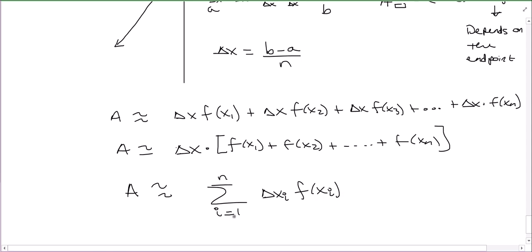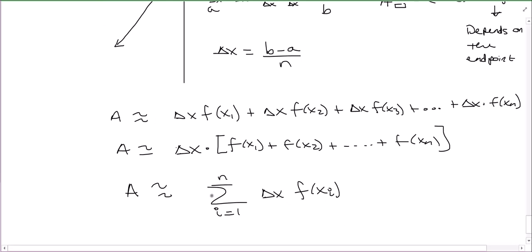So this is our counter, right? So if we start with i equals 1, then you'll have delta x. So all of these, I guess I don't need the sub i over here because they're all delta x. Sometimes the length changes, but not in our case. So it's just delta x, f of x sub i.